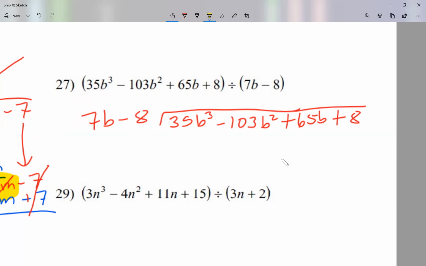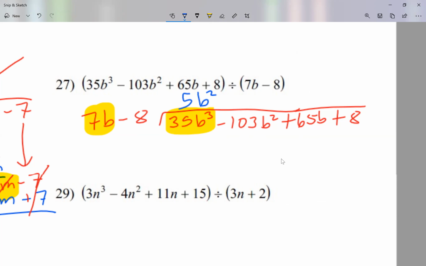My first thing I take a look at is 7b goes into 35b to the third. Okay, so number-wise, I'm going to multiply 7 times 5. Because 7 times 5 will give me 35. Letter-wise, I'm going to go b to the second, right? Because b times b to the second is b to the third.